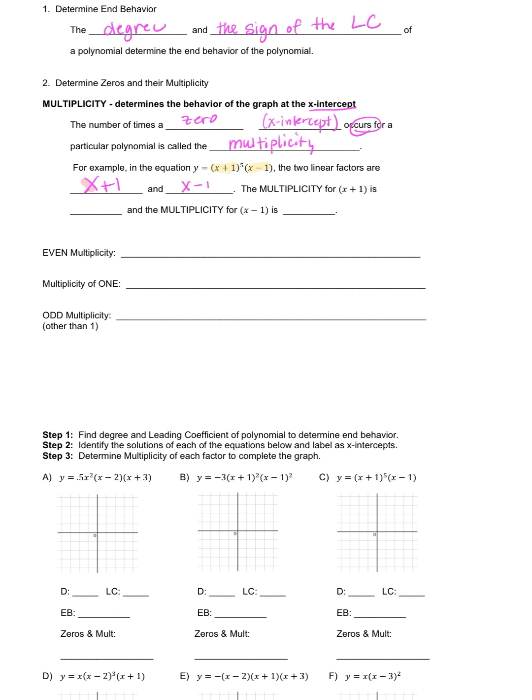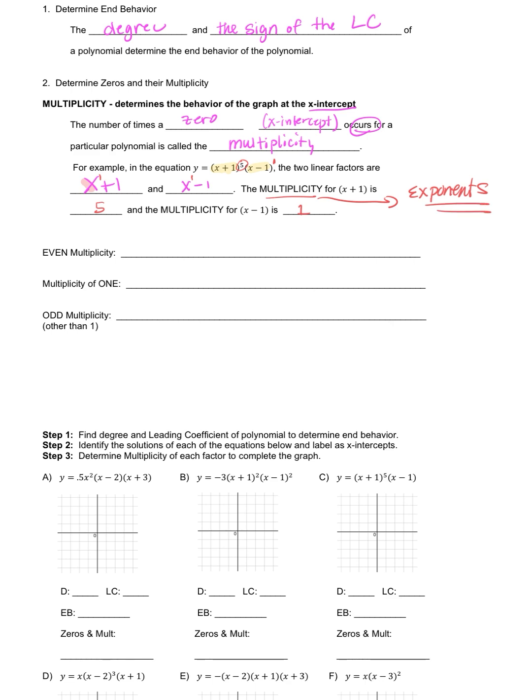The multiplicity for x plus 1 is 5. I get that from here. The multiplicity of x minus 1, if we put a 1 here, is 1. When you think of multiplicity, look at exponents.